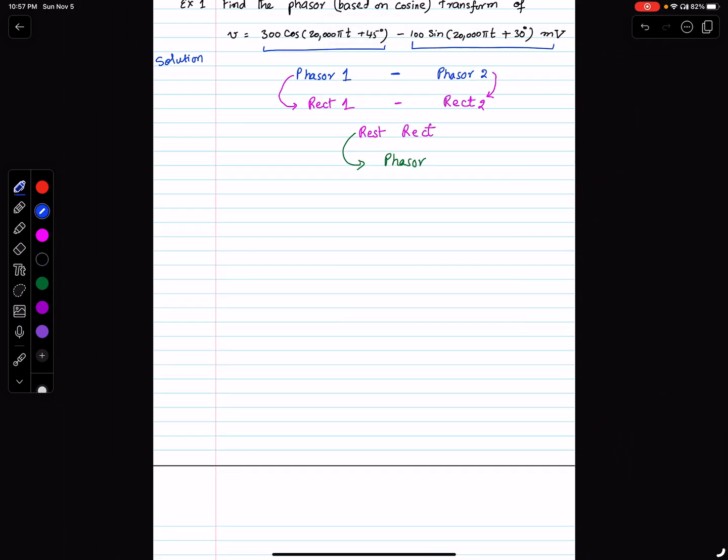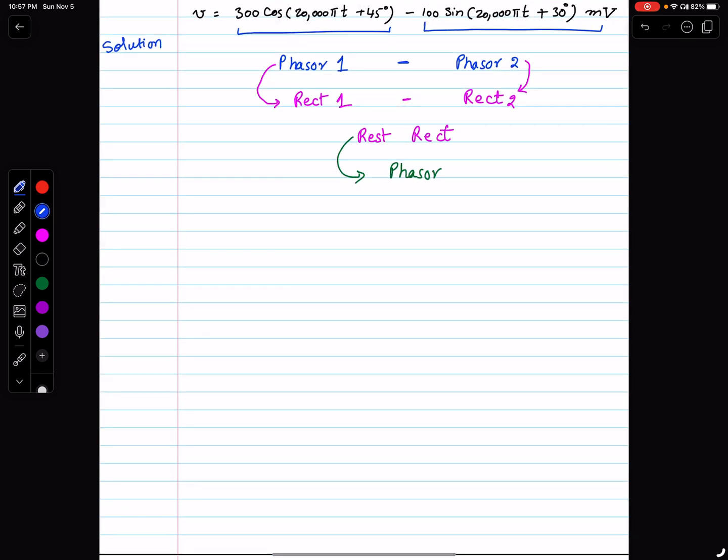The first thing we have is V equals to, I'm going to rewrite that equation, 300 cosine 20,000 pi t plus 45 degrees minus 100 sine 20,000 pi t plus 30 degrees millivolts.